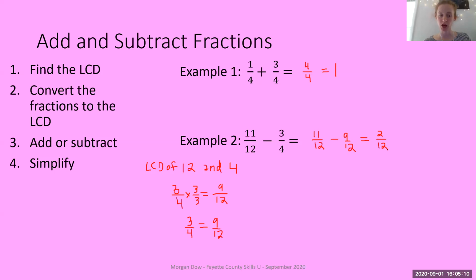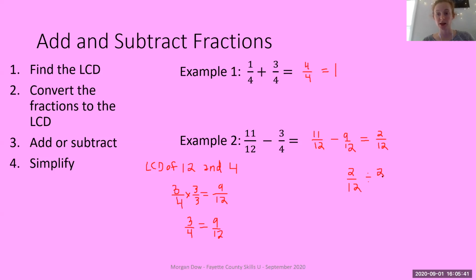Okay, so we did our subtraction, and now we check and see if we can simplify. So 2/12. Is there a number that will go evenly into 2 and 12? Do they have a common factor other than 1? Yes, they do, right? They have a common factor of 2. So we can take 2/12 and we can simplify by dividing by that common factor.